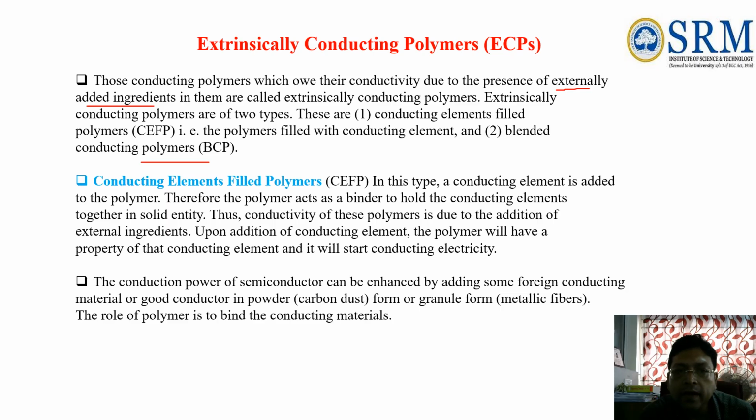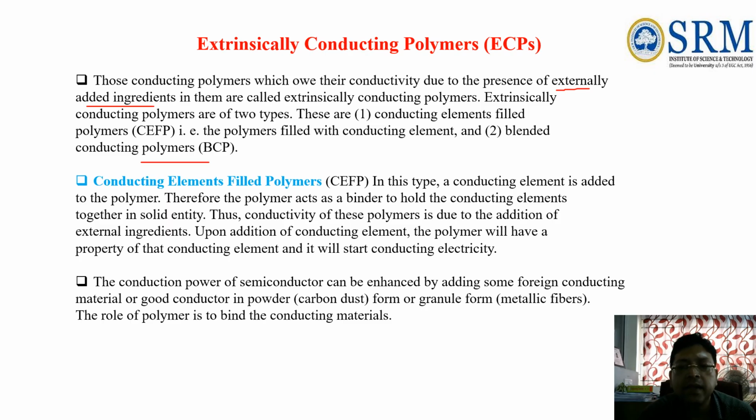So in the conducting element filled polymer, the polymer does not have conductivity. Its role is to bind the conducting elements, for example the added fibers or added conductors. Those are the conducting elements which possess the conductivity.